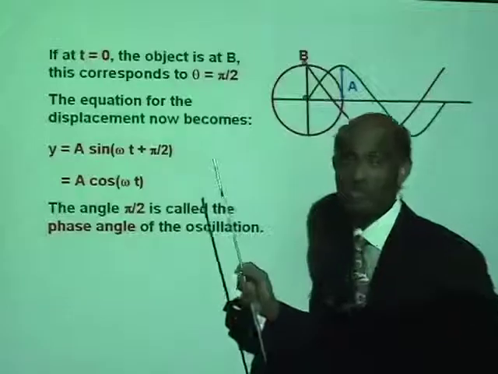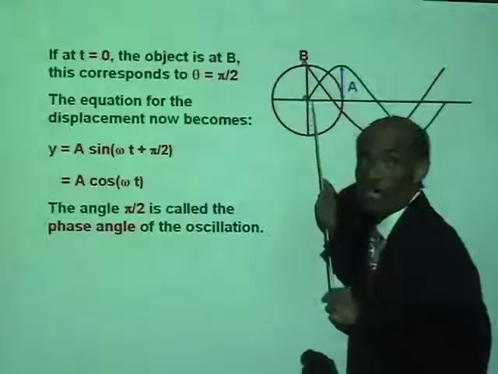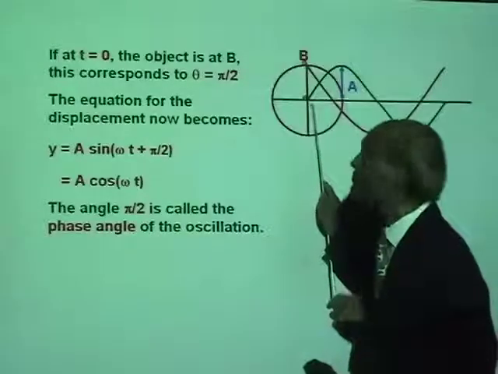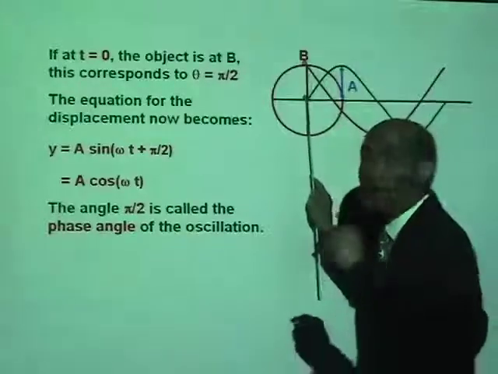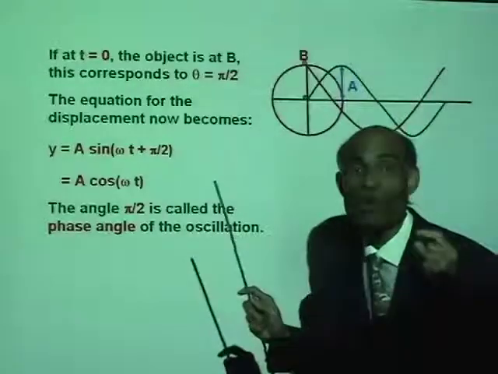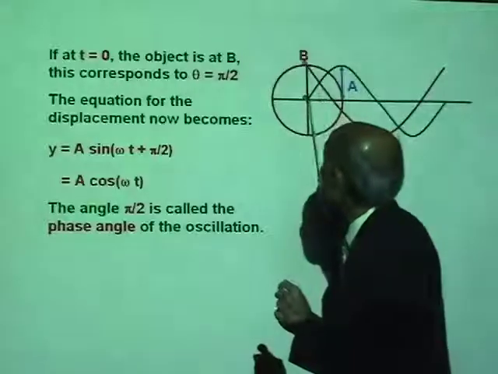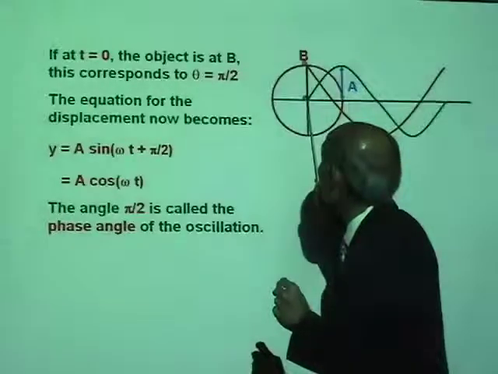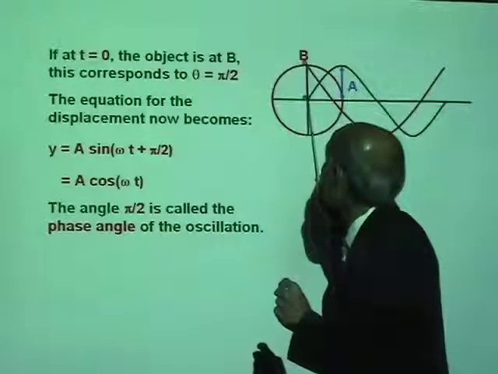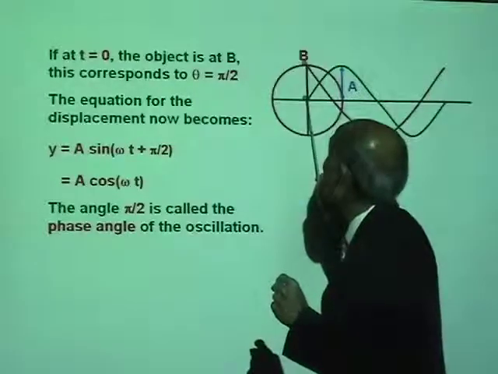Well, let me ask you this. Suppose the object is at the origin and instead of moving up, it is now going to move down. What is the phase angle at that time? If the object is at the origin and it is beginning to move down, it means it has gone up and come back.